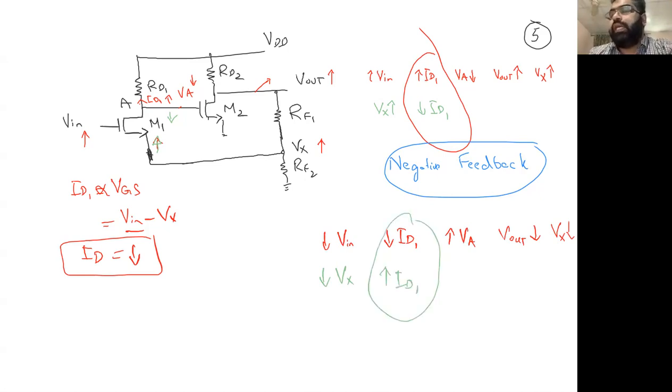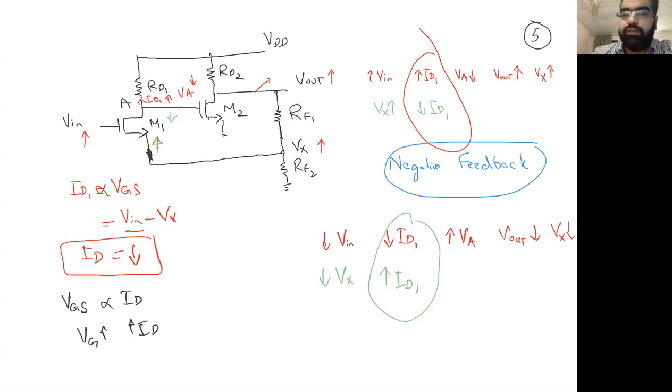Okay. So again, try to identify what main thing you can use for this one. That first thing, VGS is directly proportional to ID. Since we are in saturation, VGS is directly proportional to ID. Meaning if VG increases, ID increases.